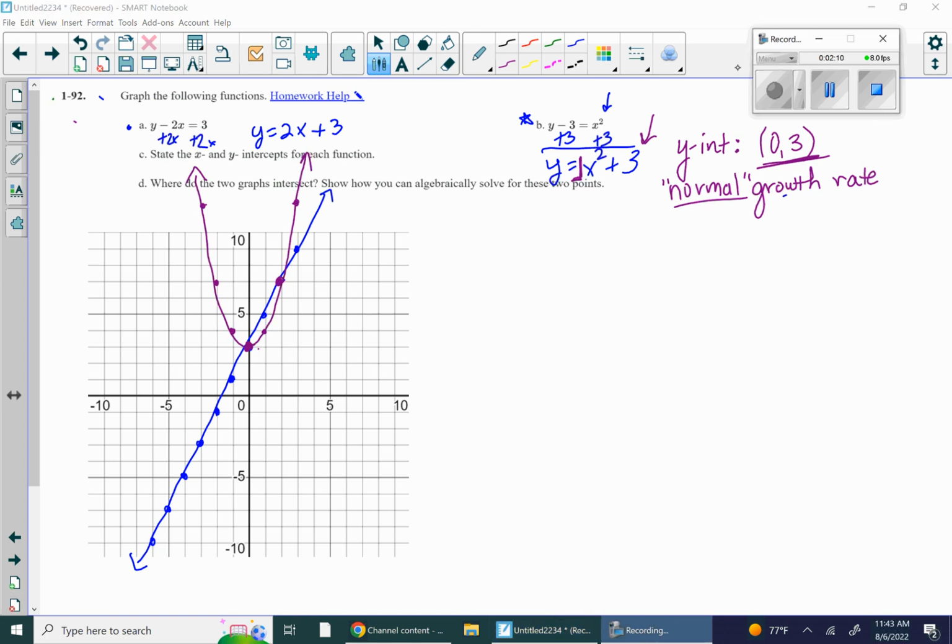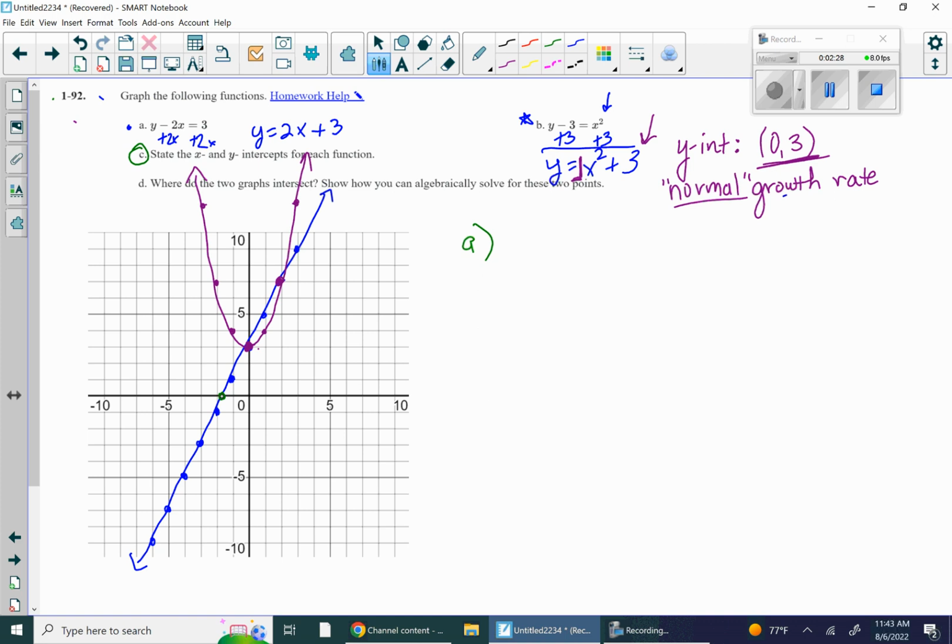So let's answer the questions that we have. For part C, it is asking us to state the x and y intercepts for each function. So for function A, the x-intercept is over here-ish, and we're going to have to work a little harder in order to calculate that.